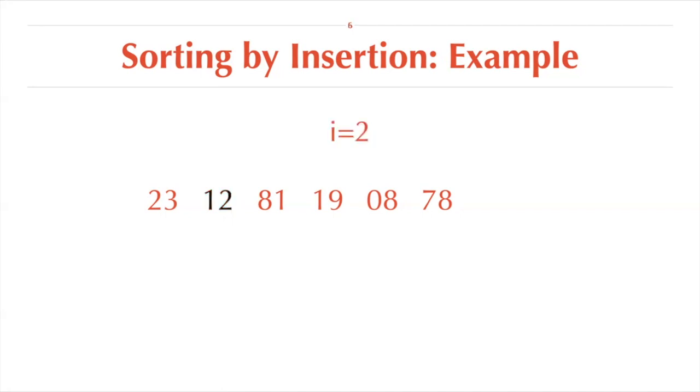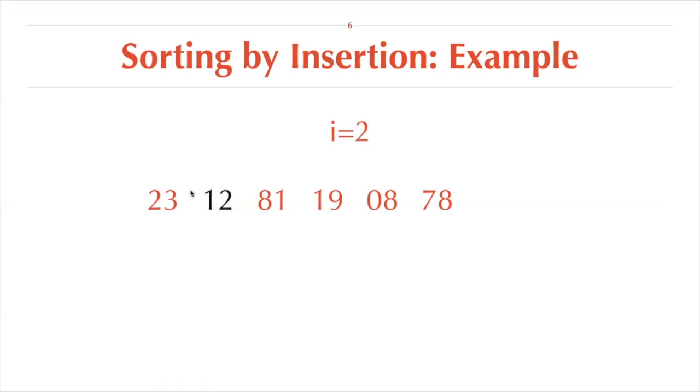It will compare 12 to its left element and check whether it is greater or less than the left element. If it is less than the left one, it will be swapped. If it is greater than the left element, there will not be any change.